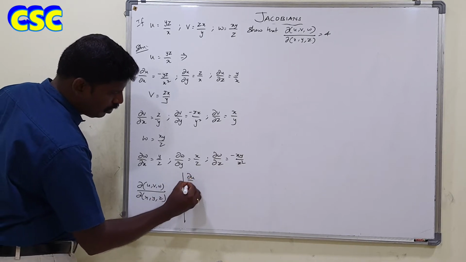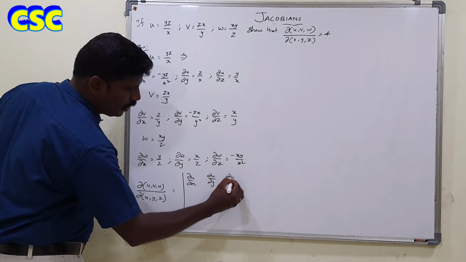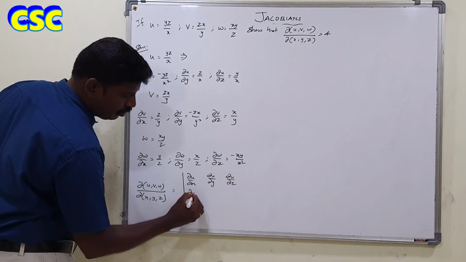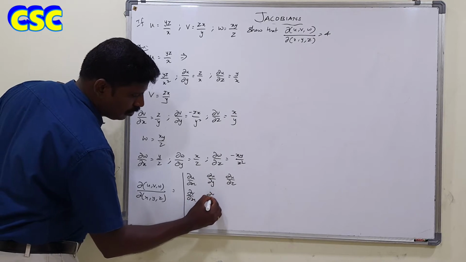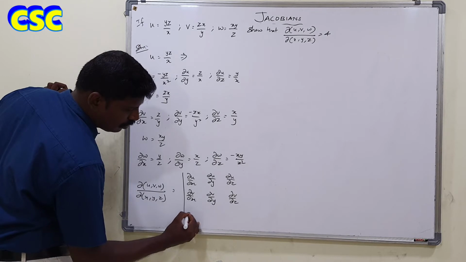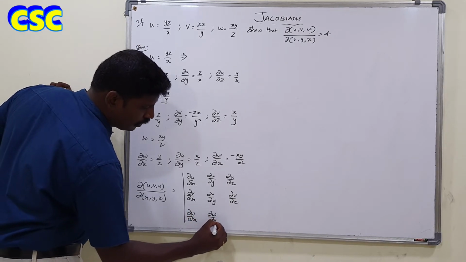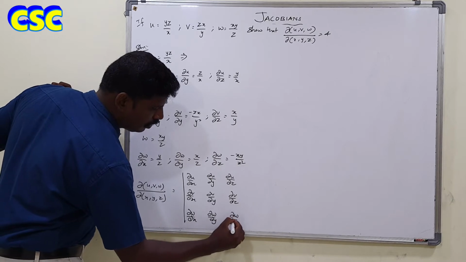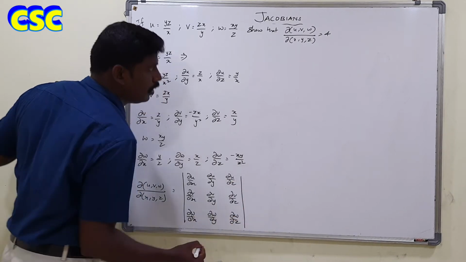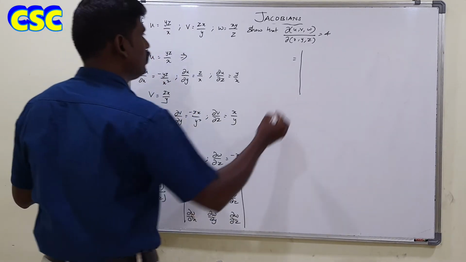Dou u by dou x, dou u by dou y, dou u by dou z; the same way dou v by dou x, dou v by dou y, dou v by dou z; dou w by dou x, dou w by dou y, dou w by dou z. Substitute all these values in this determinant and you can get the answer.